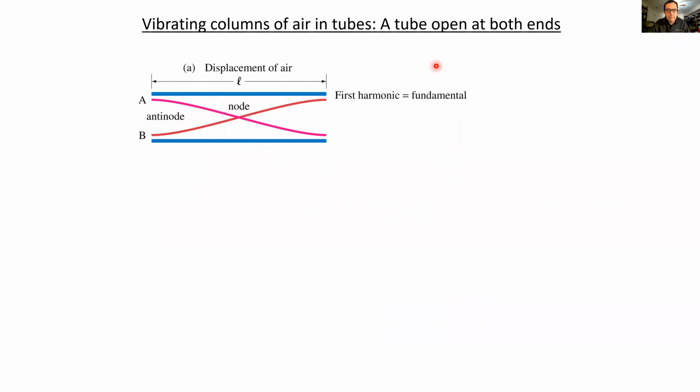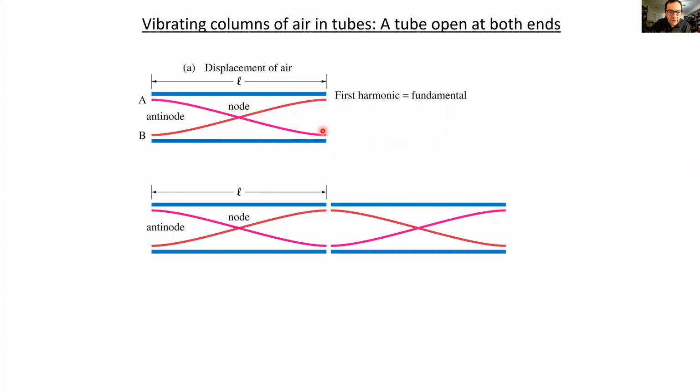Okay, so we're considering a tube open at both ends, and this is the fundamental mode of oscillation. The molecules here move back and forth, these move back and forth, and the ones in the middle don't. That's the fundamental frequency. Now let's figure out the wavelength. If you look at this, that's not a full wavelength. You have to make a copy of the pipe so that you can see an entire wavelength like that.